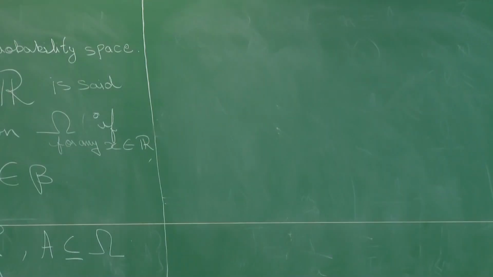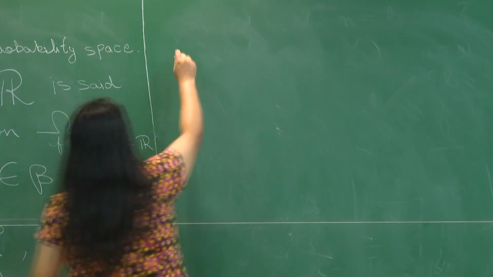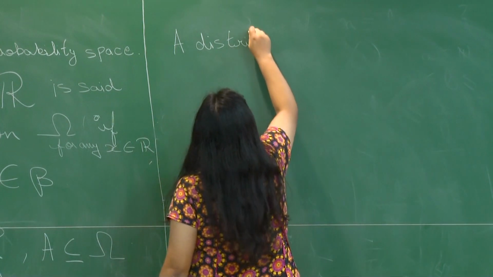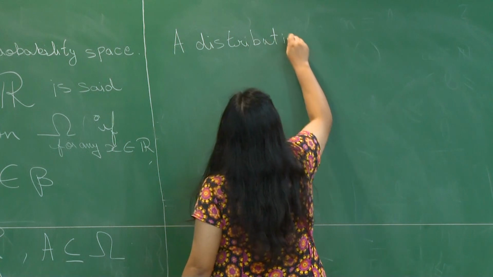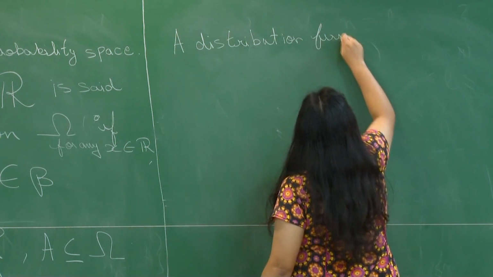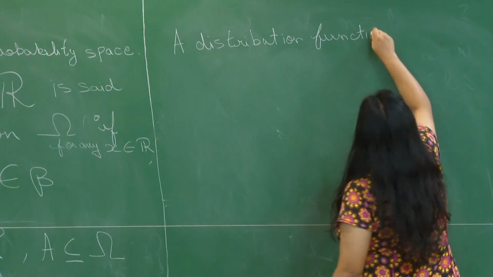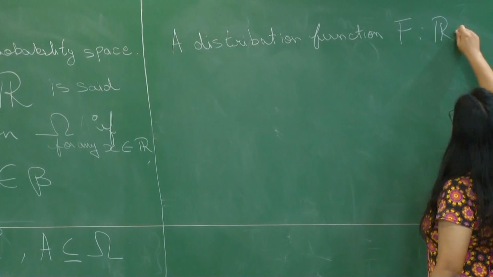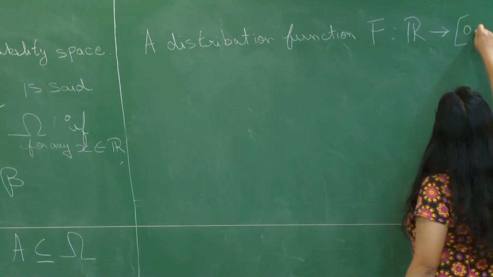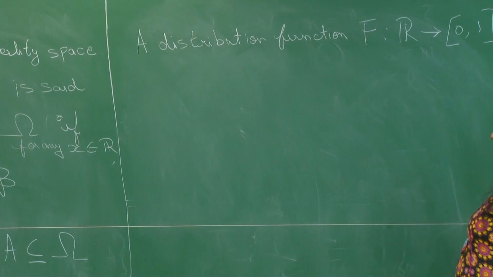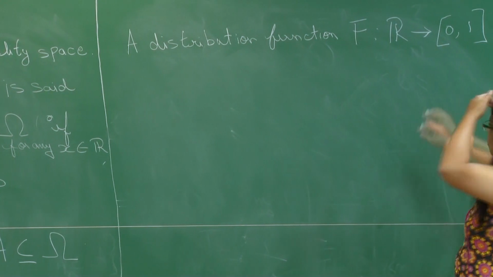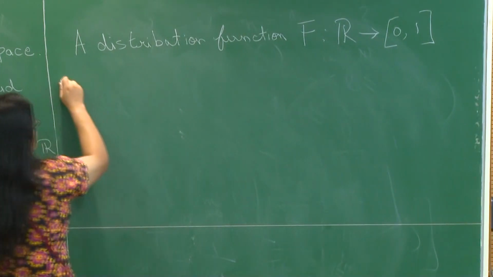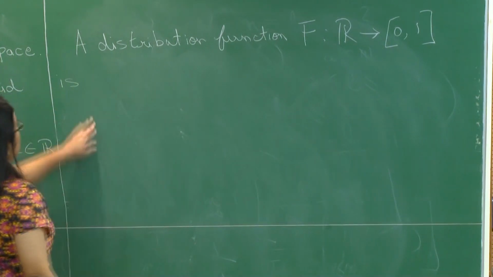In general, a distribution function, which we denote as capital F, is a function with domain R, going to the interval 0 to 1.